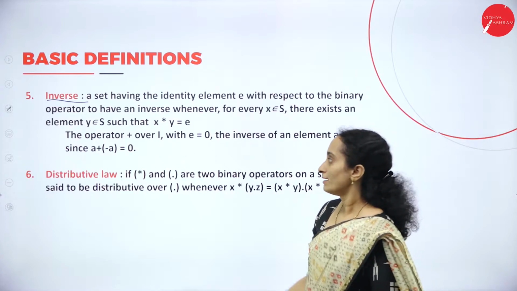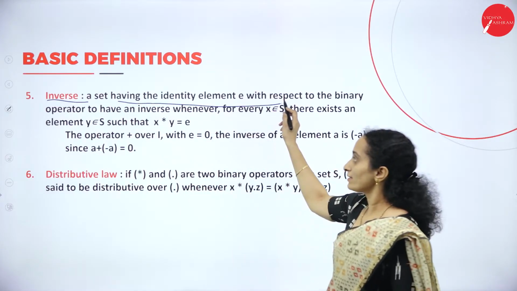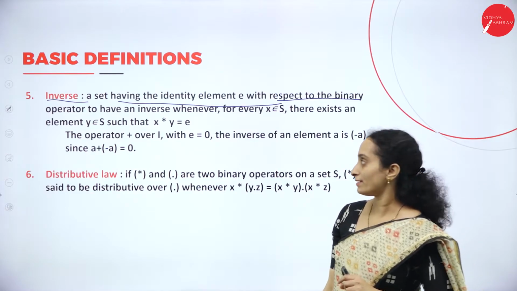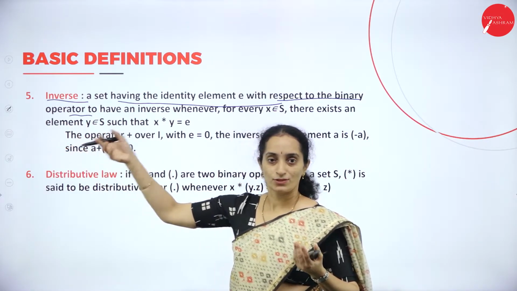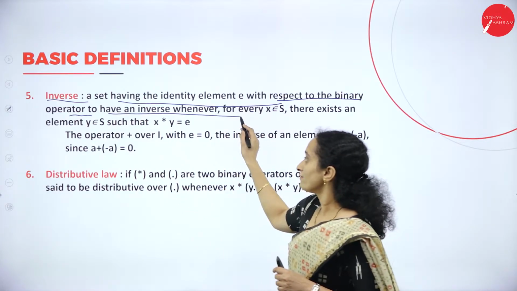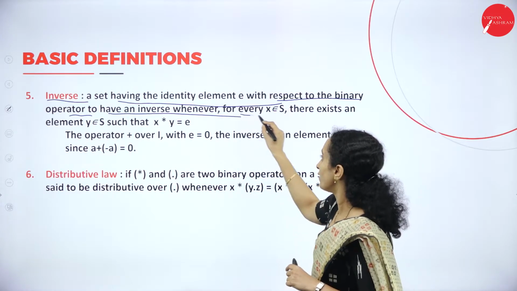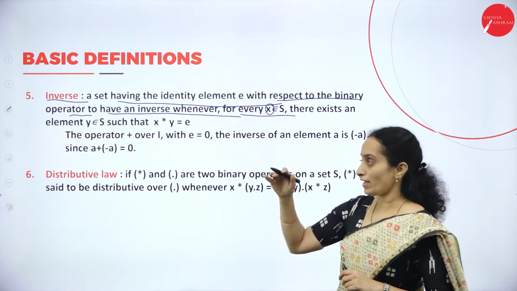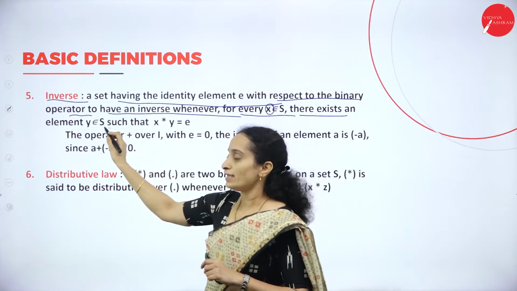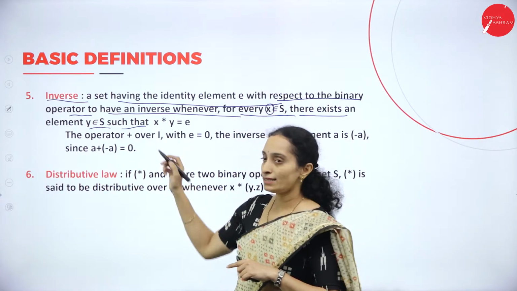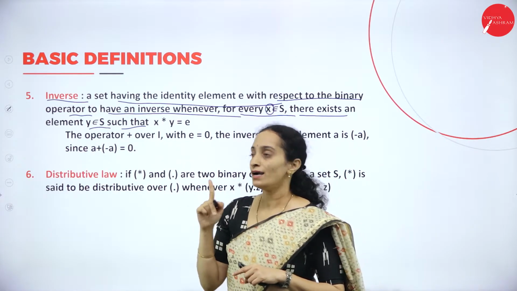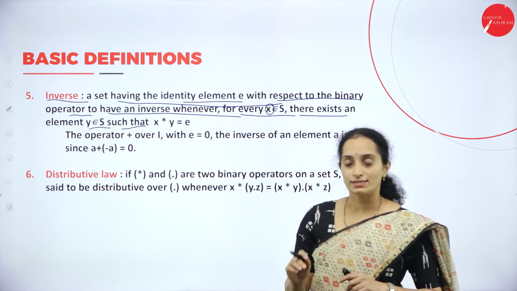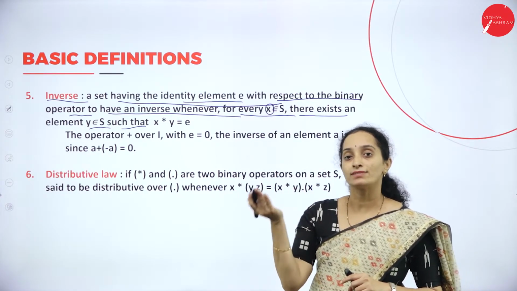What does the inverse law say? A set having the identity element E, with respect to the binary operator, which can be any operator, can have an inverse whenever for every x belongs to S, if x is an operand, there exists an element y, which also belongs to S, such that x into y gives you the identity element E. So if you have an element x, you can have an inverse element y.